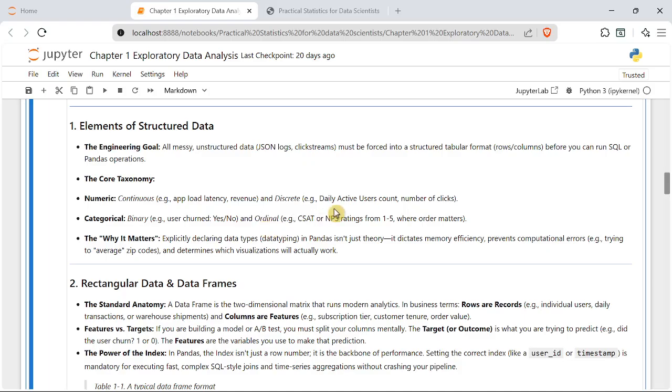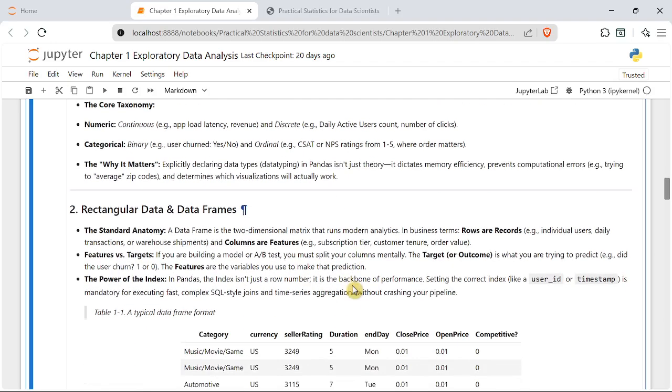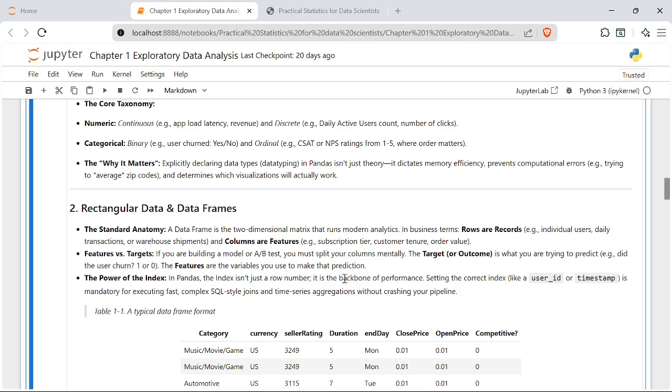It dictates memory efficiency, prevents computational errors, for example trying to average zip codes, and determines which visualizations will actually work.